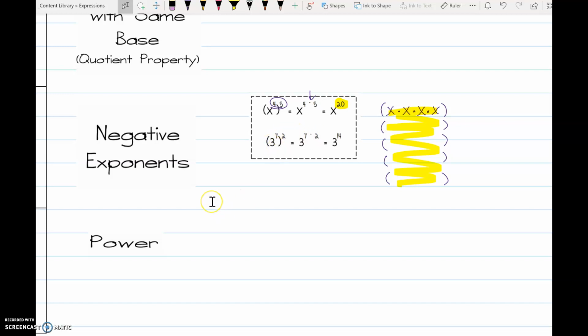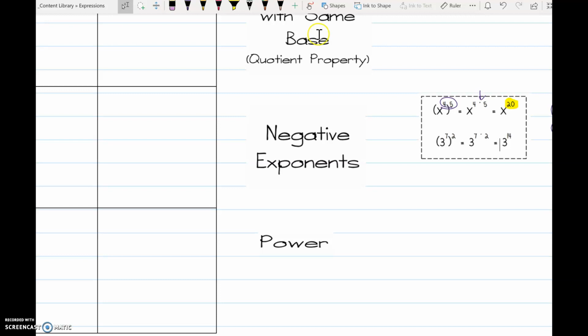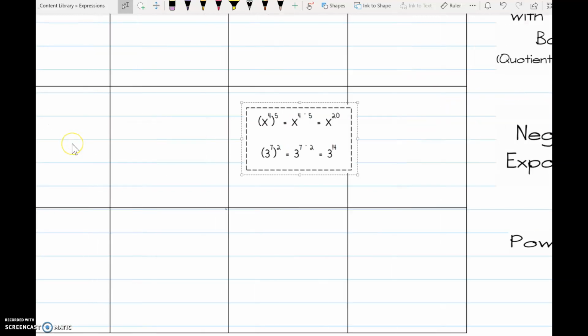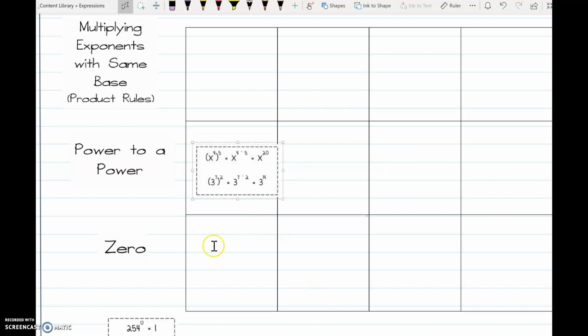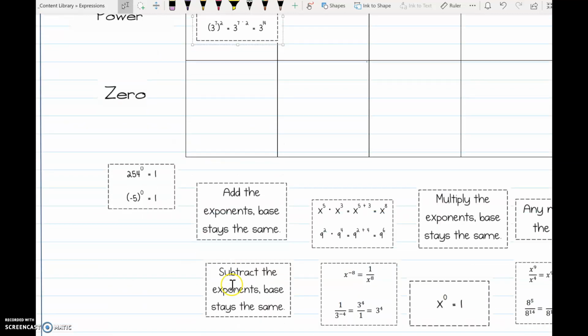So let's go ahead and find where to drag that. Power to a power. And now let's find which rule explains that. We have the same base, we just keep the base and multiply the exponents.